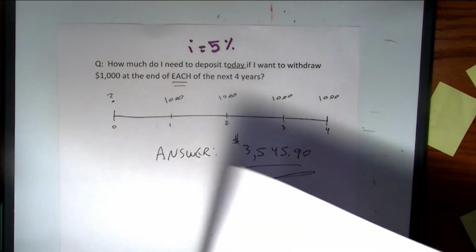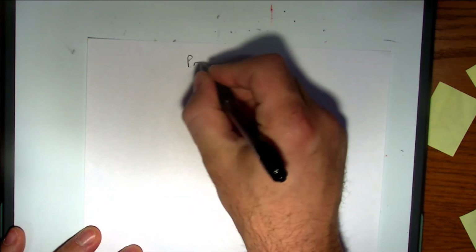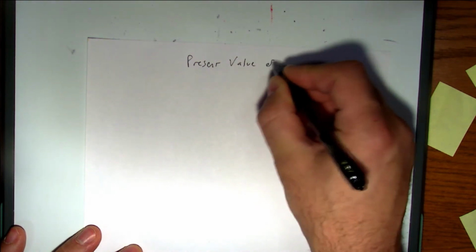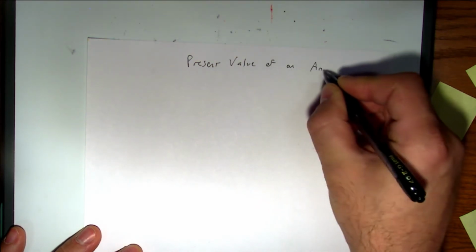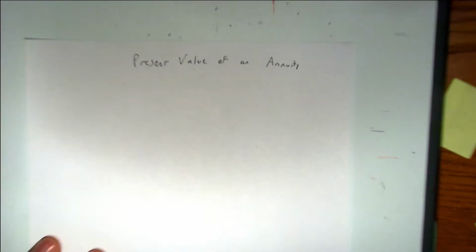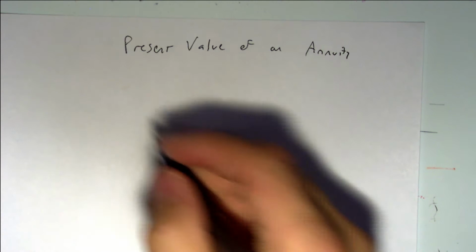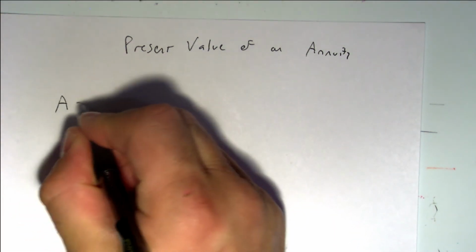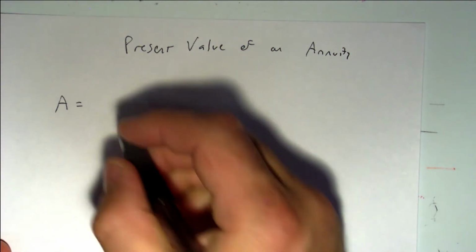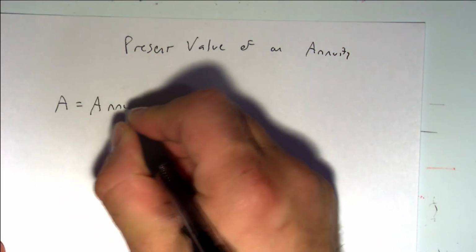Let me define some new terms for you. We are going to talk about present value of an annuity. We're going to use the letter A to signify annuity. A equals annuity.